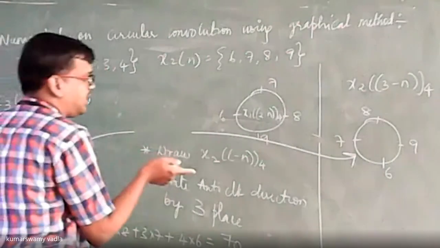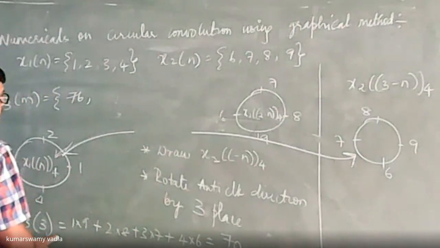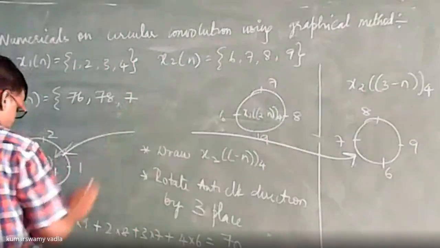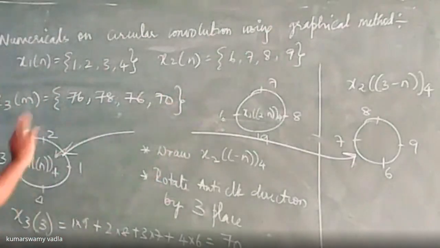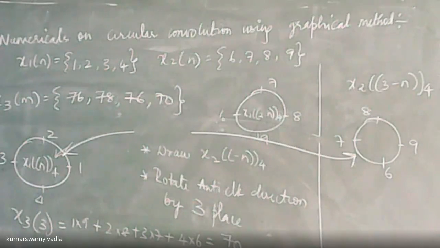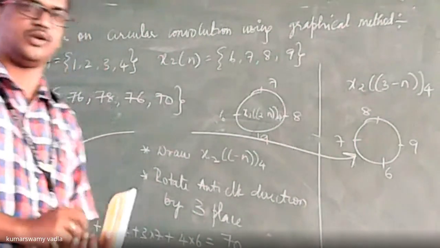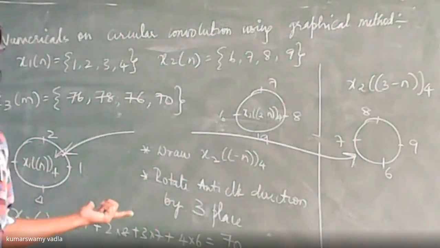Then x3 of 1? 78, sir. x3 of 2? 76. And then finally 70. Is this numerical clear for everyone, students? Yes, sir. Okay. Can I rub the board or do you want to note it down?